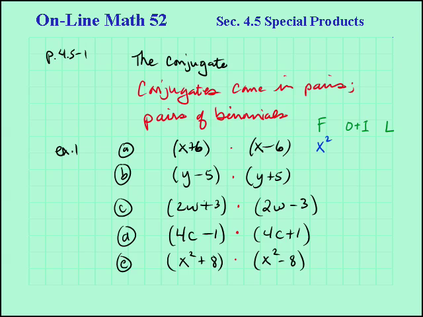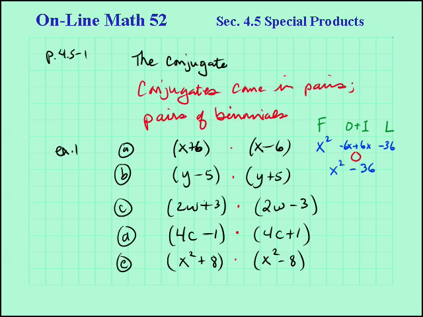I'll write it down here. The outer is negative 6x, and the inner is positive 6x. Exact opposites. The lasts, positive 6 times negative 6, negative 36. What's special about this? Outer plus inner becomes 0. So for this particular example, we get simply x squared minus 36.